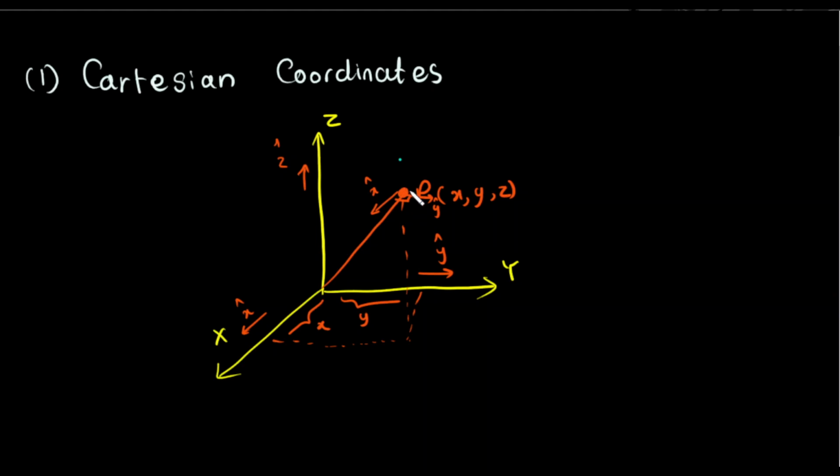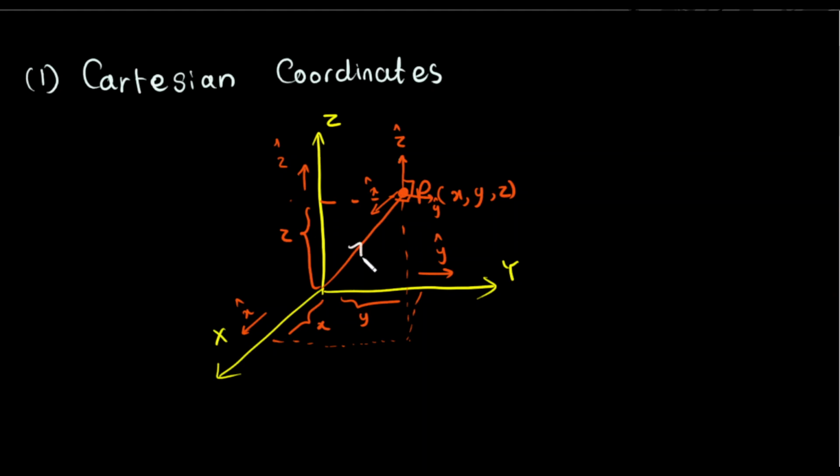Now, in the Cartesian coordinate system, we have another unit vector, the z hat unit vector, in the z direction. We have to use that unit vector as well. If we draw the z hat unit vector, which is perpendicular to both x hat and y hat, then we have another coordinate of position P, with a length of z.